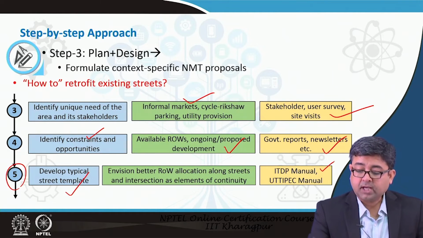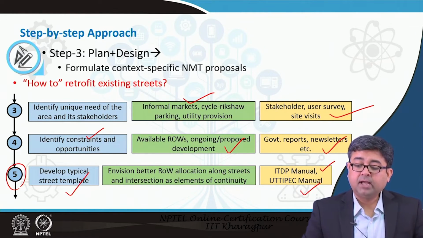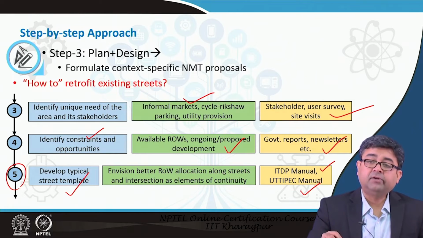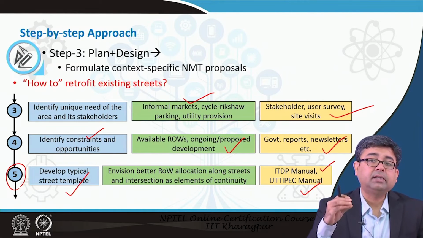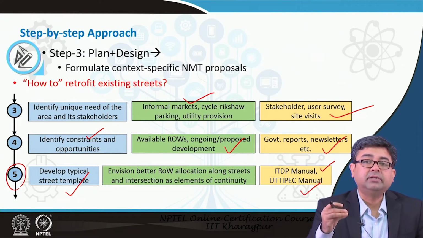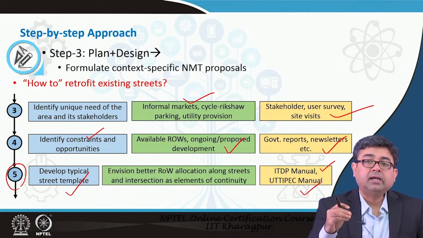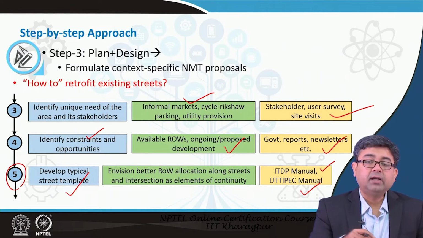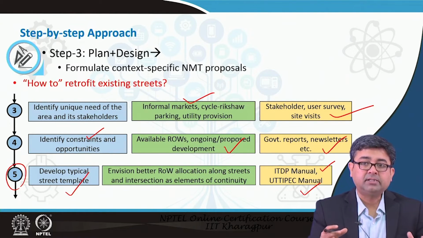All these tools are now being developed and are available as manuals, the ITDP manual or the UTTIPEC, which is a manual developed for Delhi. So, there are different kinds of manuals that will tell you what interventions you can put in that are context sensitive for you, and then you can envision the entire street, right.